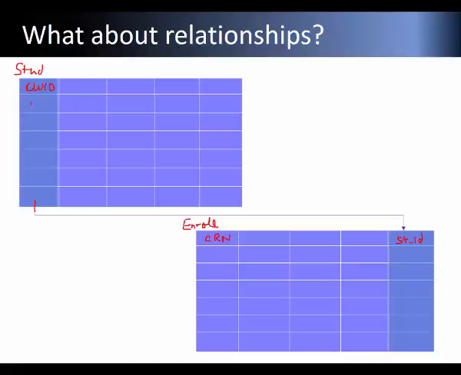So CWID 111 is enrolled in a course number, say 98. These are two different objects. This is the object of a student, object 1. This is another object, object 2. This object is that situation, like some enrollment.